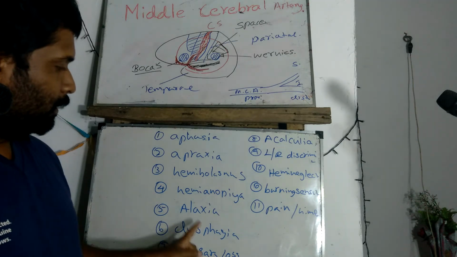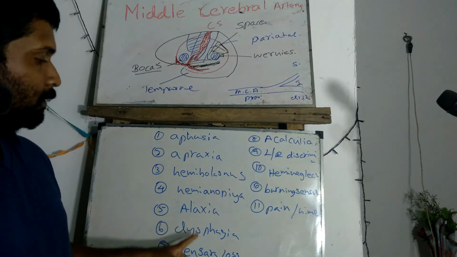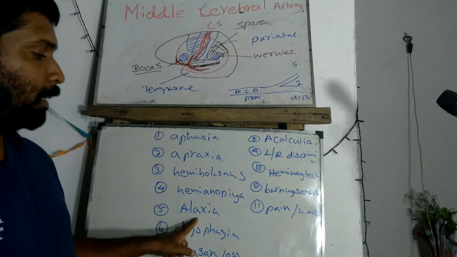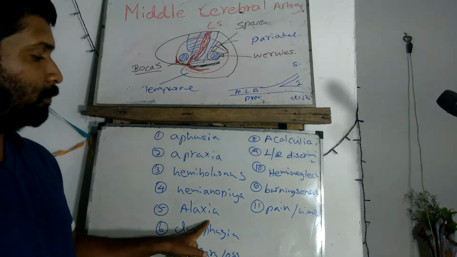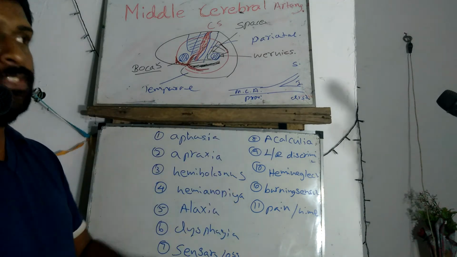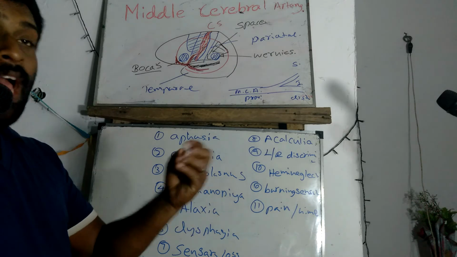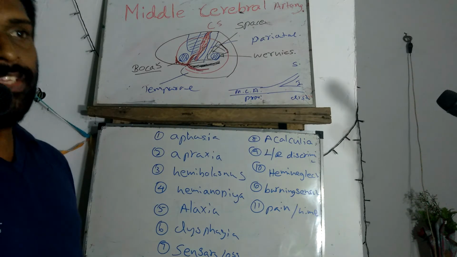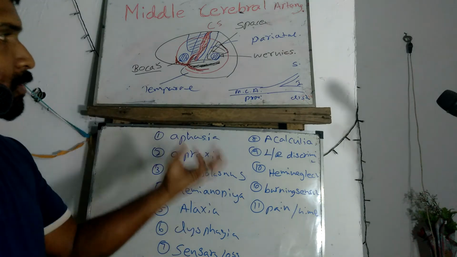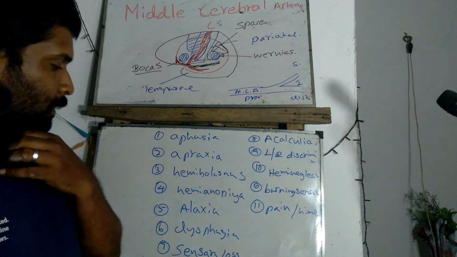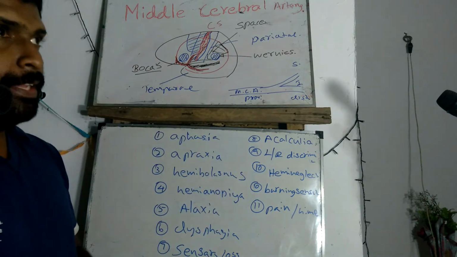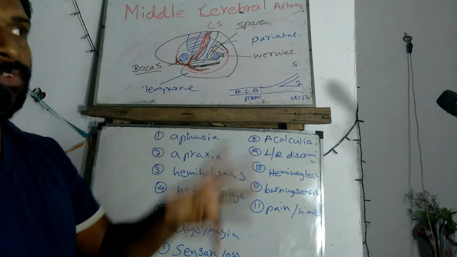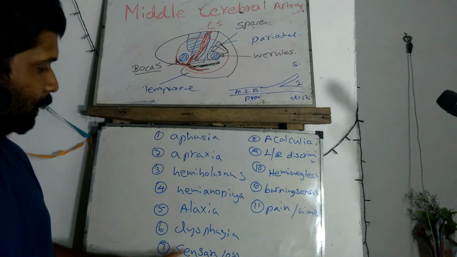Alexia: can't write, can't read, can't identify the words, can't identify pictures, can't identify faces, alphabet, a lot of problems happen. Dysphagia also, the swallowing problem or muscle weakness of the pharyngeal area or some form of brain stimulation problem, the vocal cord.